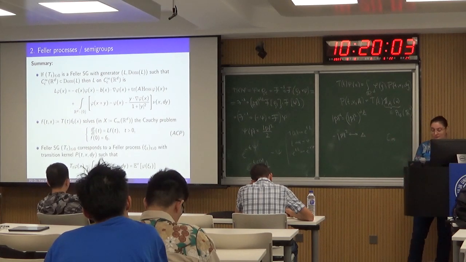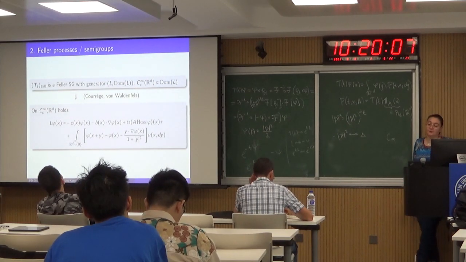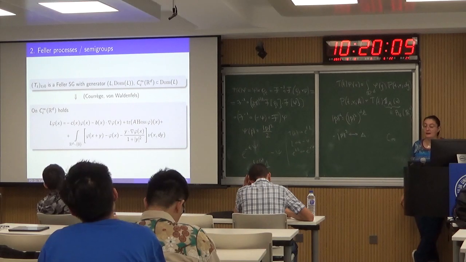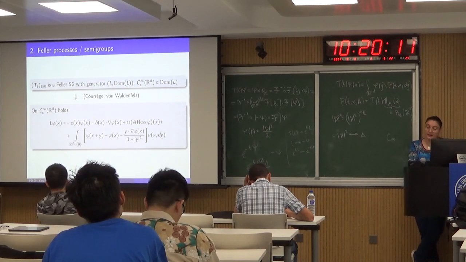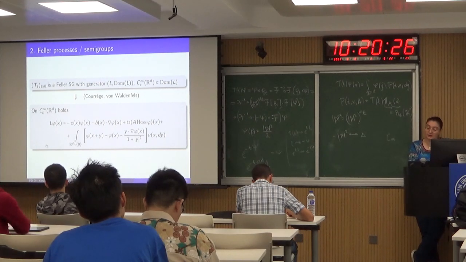Now, the theorem of Courrège and von Waldenfels told us that if we start with a Feller semigroup whose generator is rich enough in this sense, then the generator has this form. Now a natural question arises.